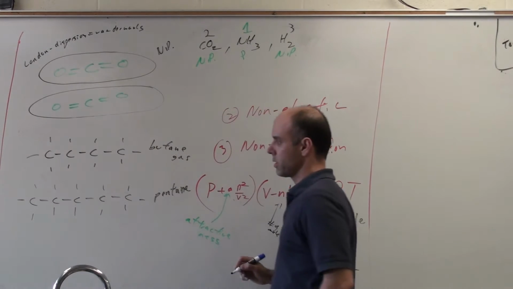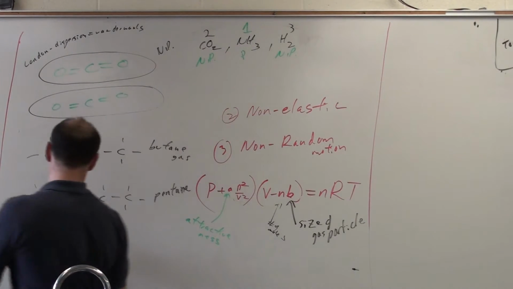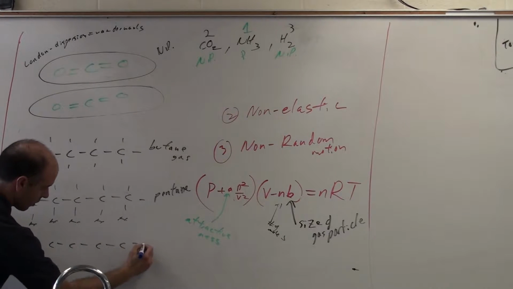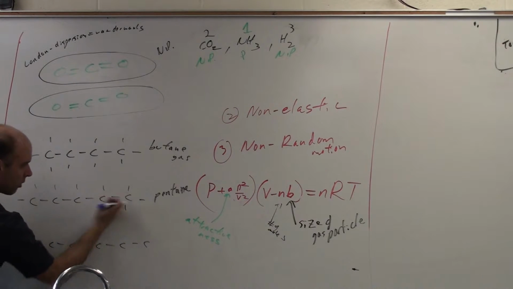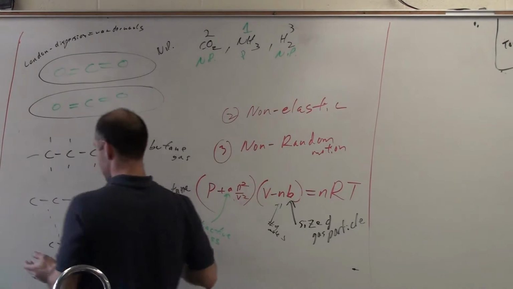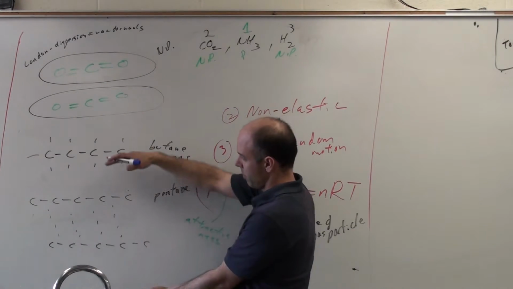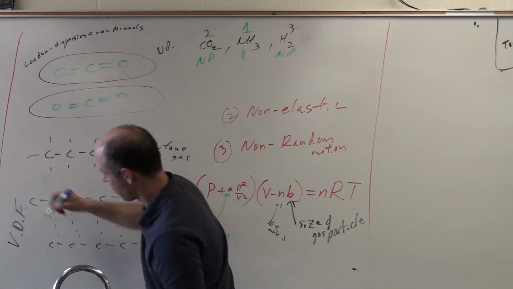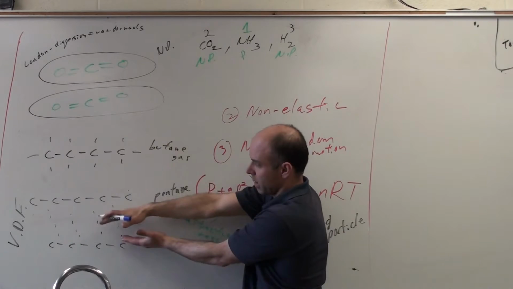The reason is that pentane is so big, and these are all hydrogens on the end that I didn't draw in. There's enough van der Waals forces between the 2 pentanes to bring them together to form a liquid. It's not like they have to be lined up or anything. But this is van der Waals forces, and there's enough force there to bring them together to form a liquid.